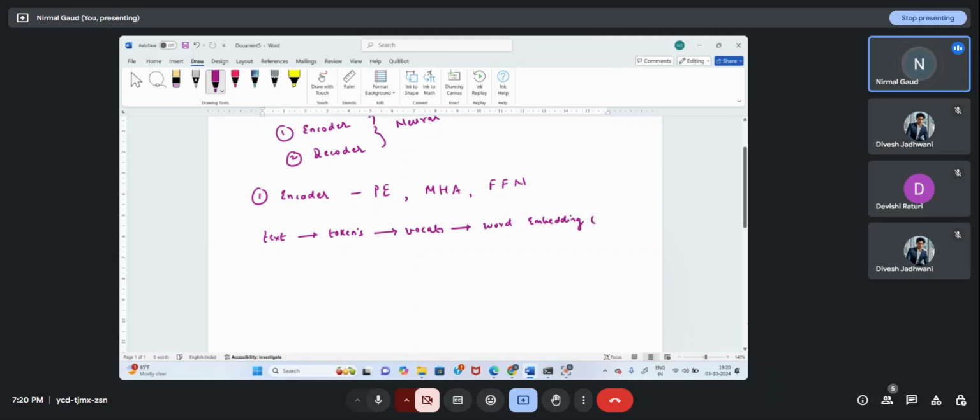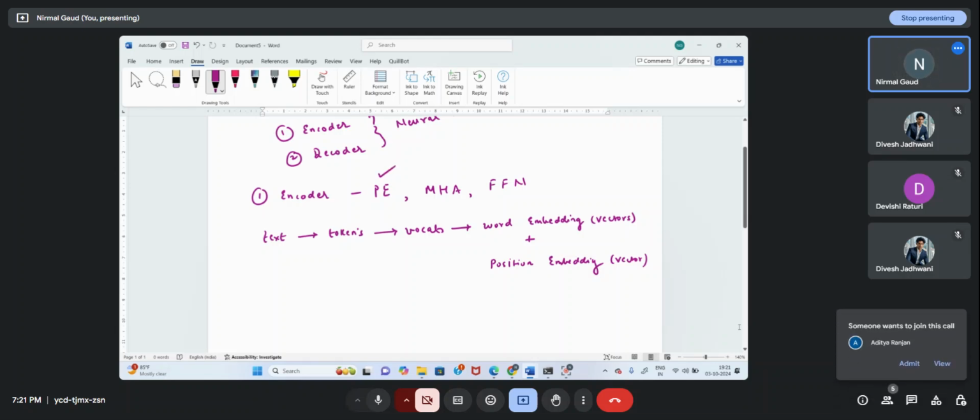That is the vectorization or vectors. Then it add position embedding to it. That is also a vector. This whole task comes under positional encoding.